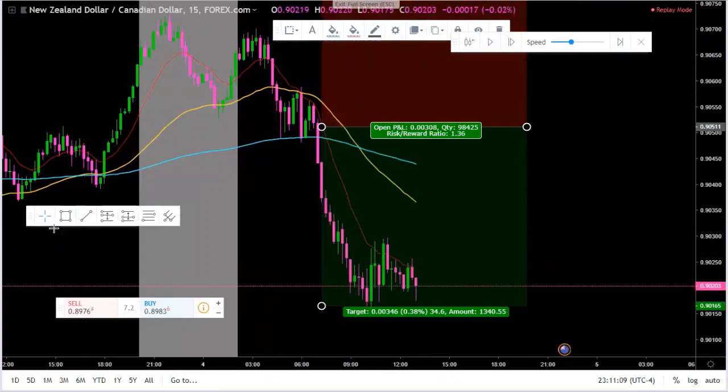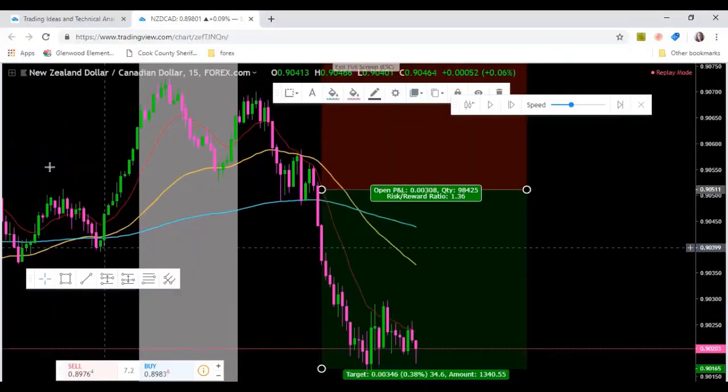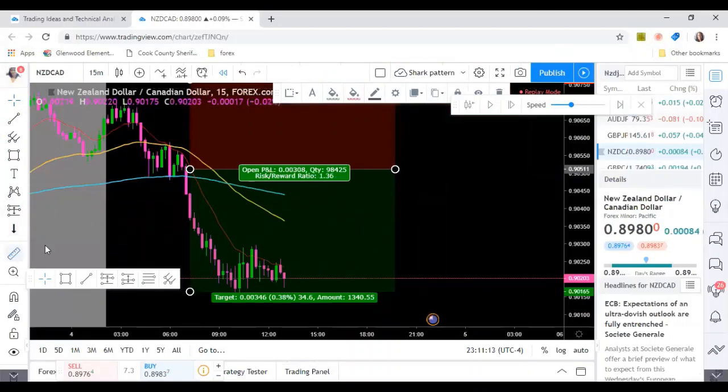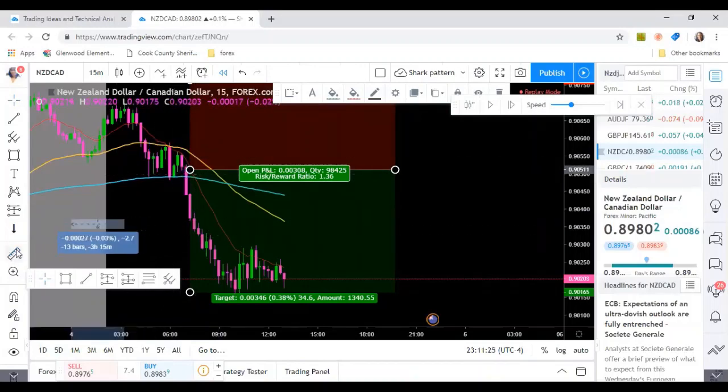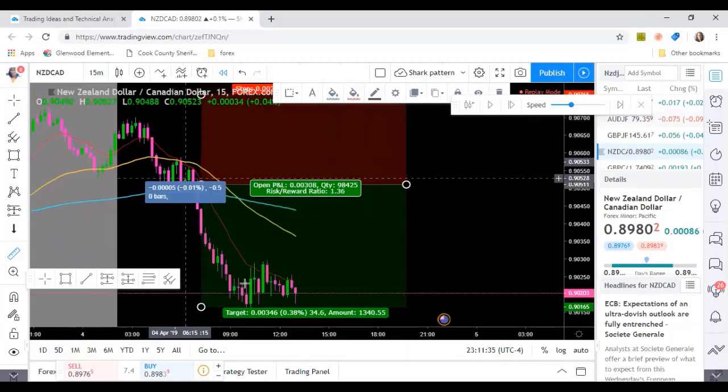Let's see, let's count the pips. Here, you went from your EMA crossing. Oh, actually, it crossed up there, so let's do that again. Okay, so it crossed right here as this one was going down, and you would have gotten in right there.